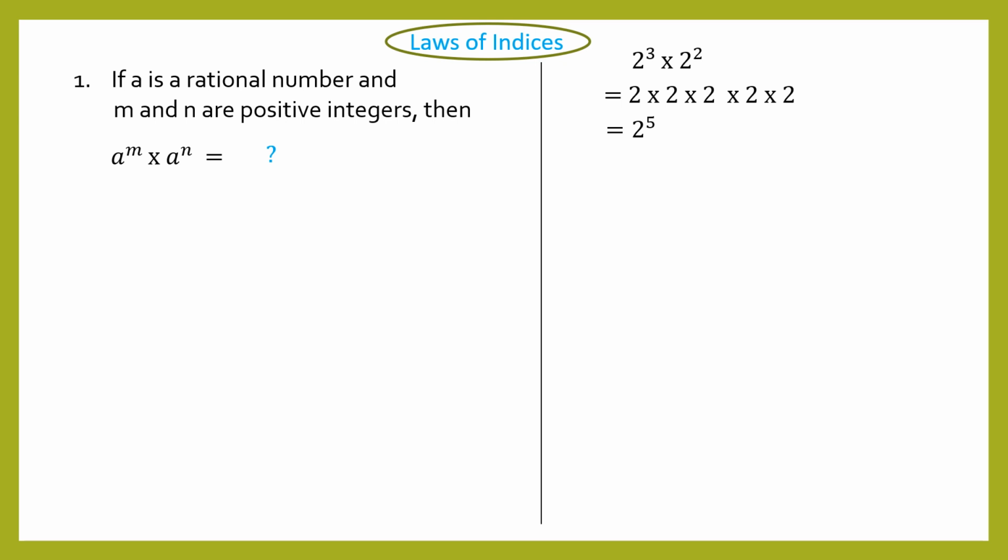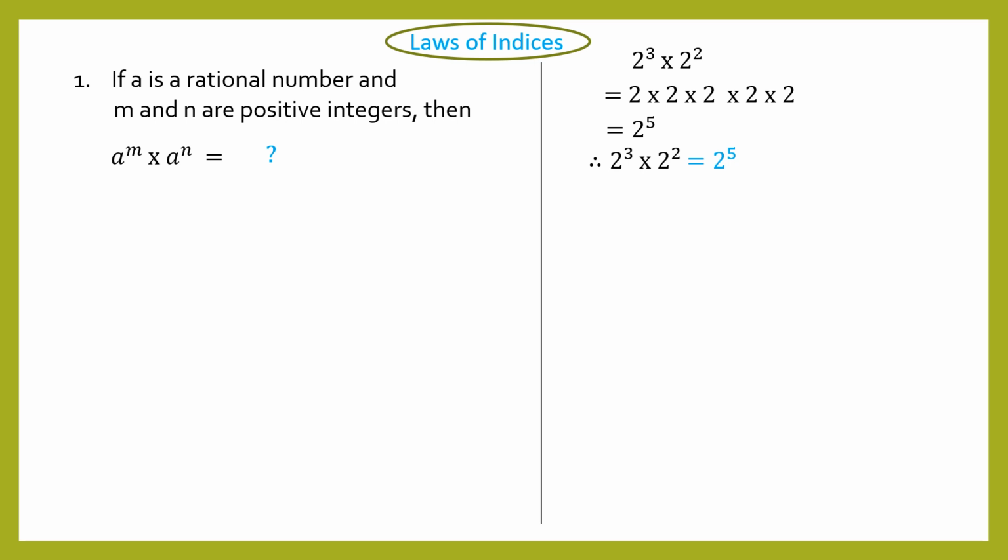Now we can write this as, therefore 2 cube into 2 square is equal to 2 raised to 5. Now dear children, just observe how we got power as 5 in the answer. In the multiplication form, if we add the powers, that is 3 and 2, so 3 plus 2 will be 5.